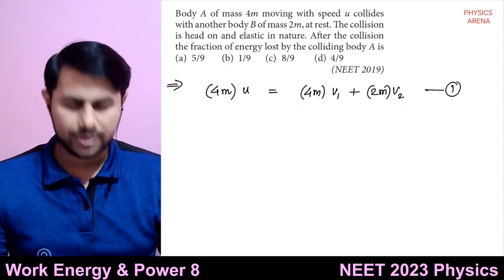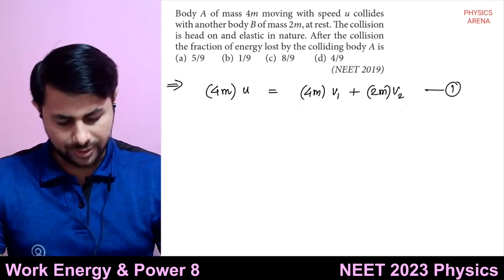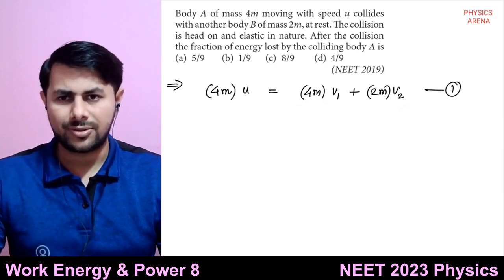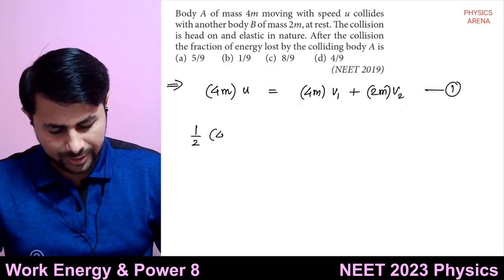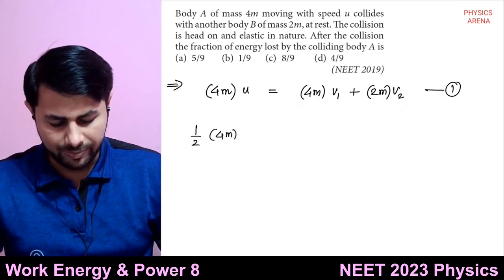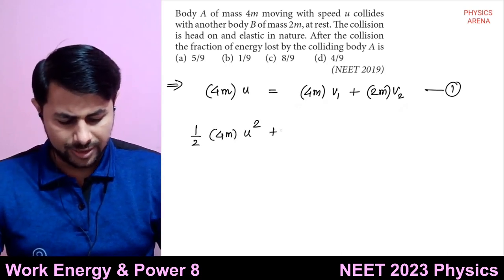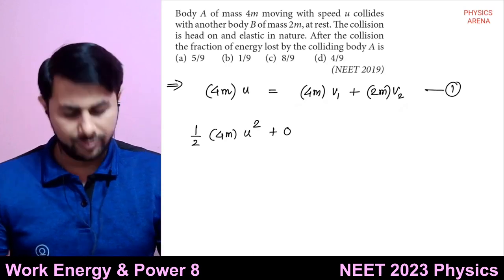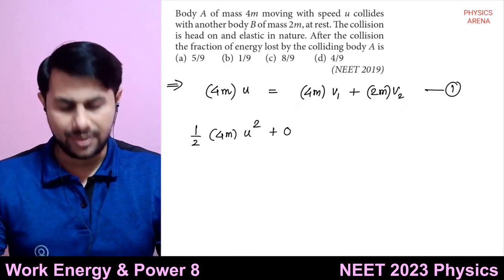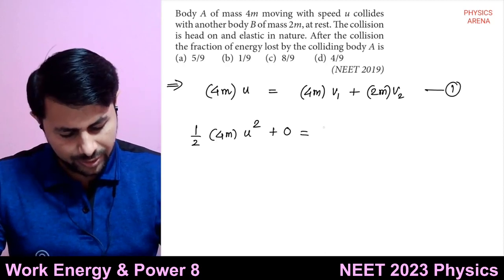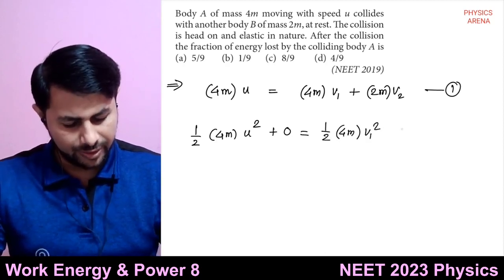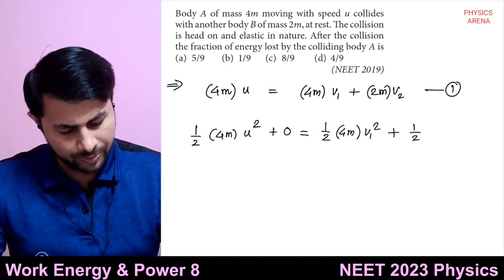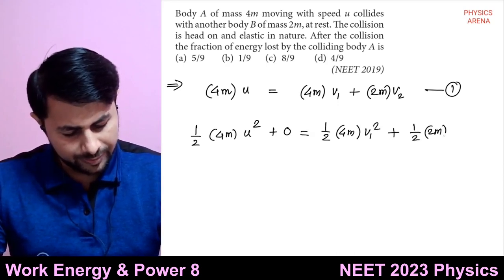So since this is an elastic collision, the total kinetic energy is also conserved. Right, so I can say half of the kinetic energy of the first body, 4m multiplied by u square, plus the kinetic energy of the second body is 0 because it is at rest initially. This is equal to half of 4m multiplied by v1 square plus half of 2m multiplied by v2 square.